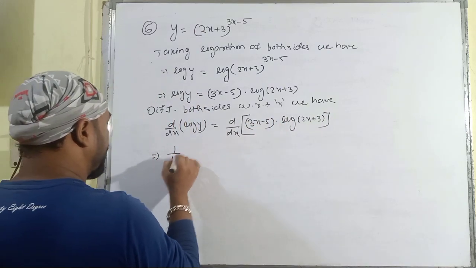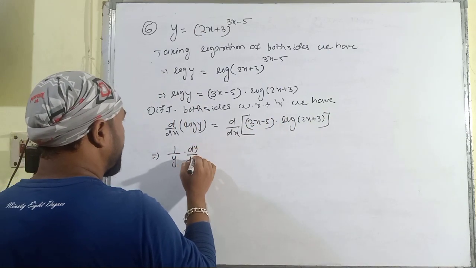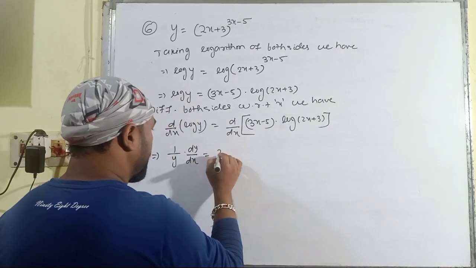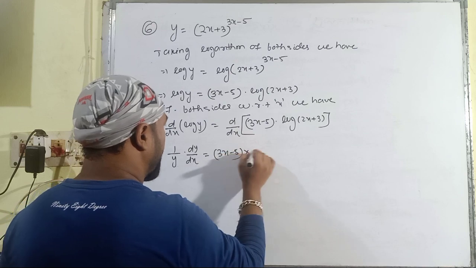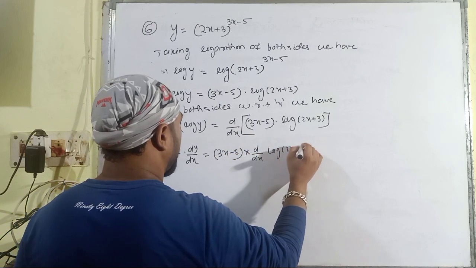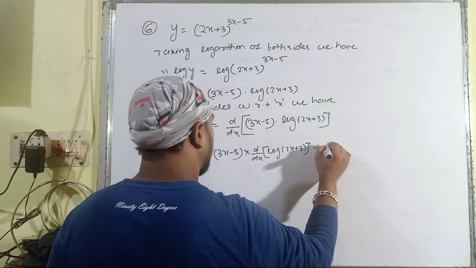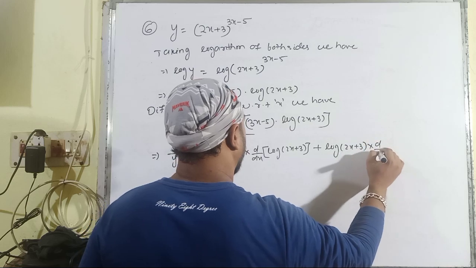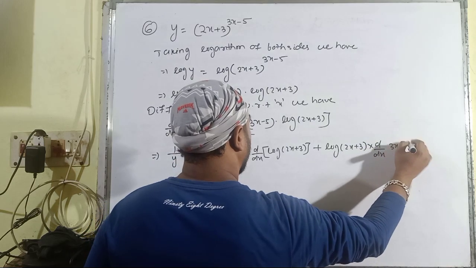then it is 1/y dy/dx. We just have to apply the product rule here: (3x−5) multiplied with the differentiation of log (2x+3) plus log (2x+3) multiplied with the differentiation of (3x−5).